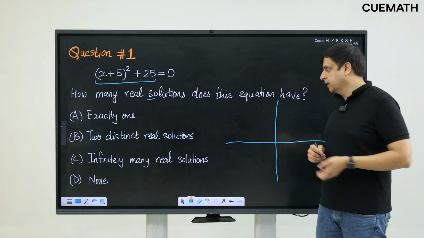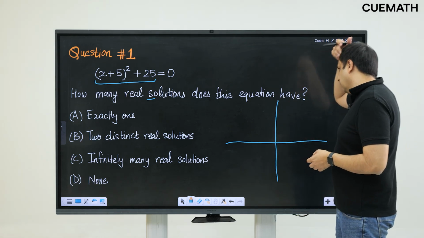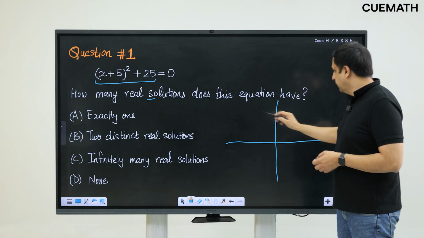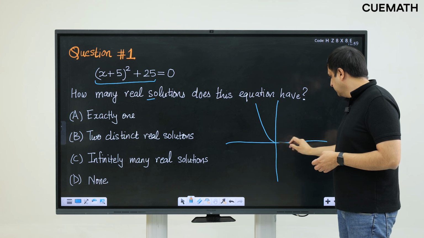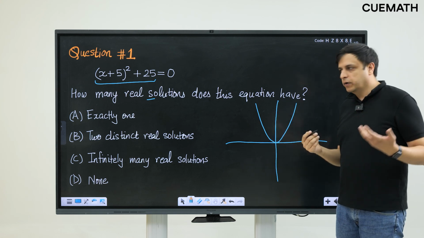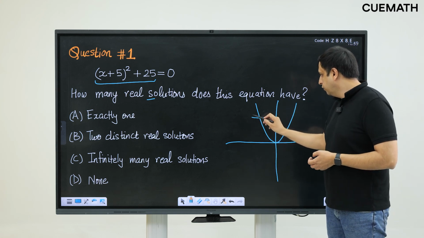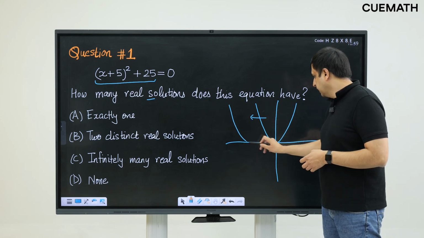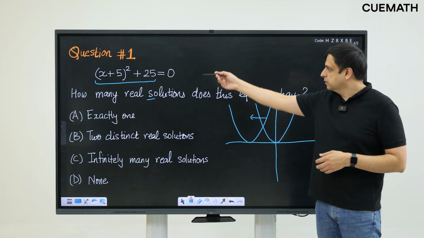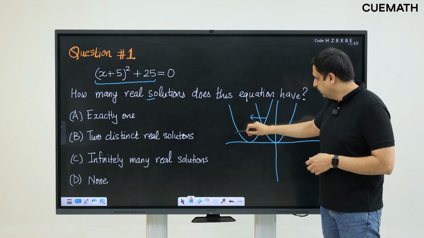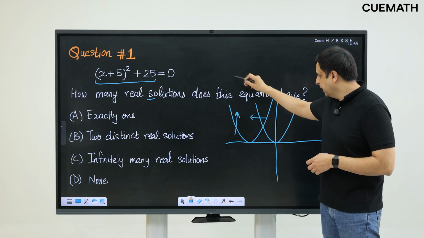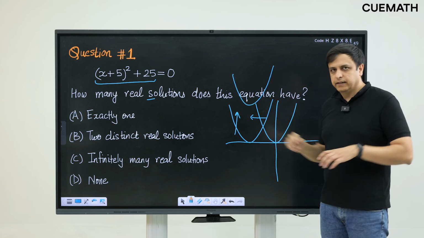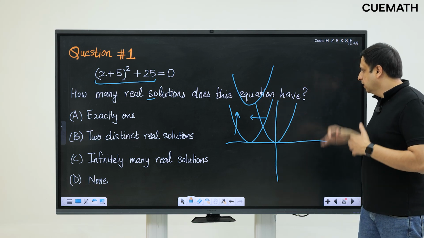What will the graph of this quadratic expression look like? x squared is something like this, (x + 5)^2 will be this graph moved 5 units to the left, and (x + 5)^2 + 25 will be this graph translated upward by 25 units. Again, this is a very crude drawing, but you get the sense.